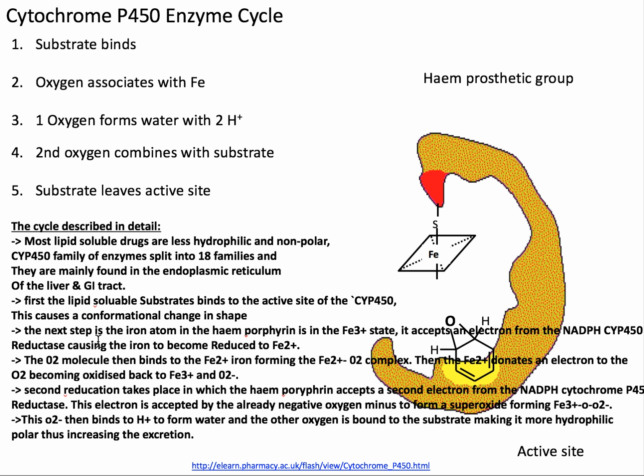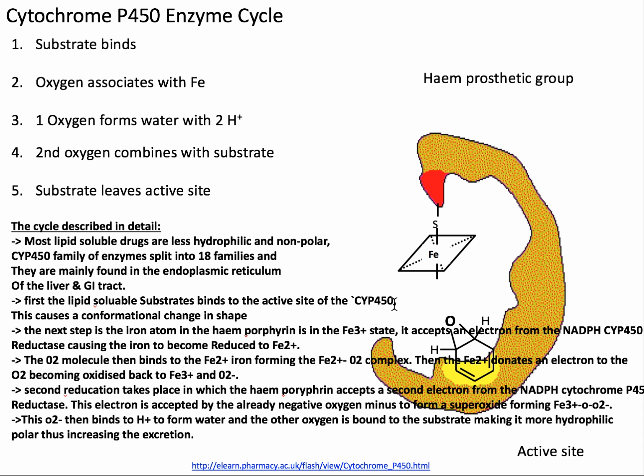The next step is the conformational change leads to the iron atom in the heme porphyrin, the middle bit, which contains the iron and the 4 nitrogens, and around the outside is a prosthetic group, if you remember. The heme here is in the Fe3+ state, and it accepts an electron from the NADPH cytochrome P450 reductase, causing the iron to become reduced to Fe2+.